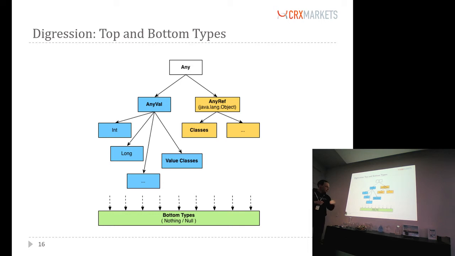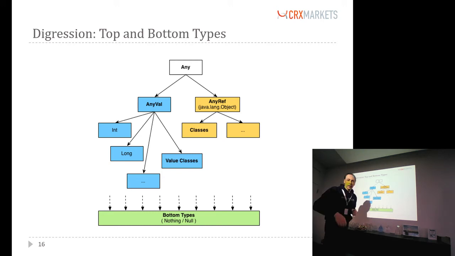The bottom type is something that can be cast to everything else. So null can be cast to any other object, as in Java. So this is basically the bottom type. And Any, which is the root of the hierarchy, corresponds to Object in Java. It's something that any other type can be cast to. So in Java, you don't have type null. In Java, you have only the instance of this type, this value null.